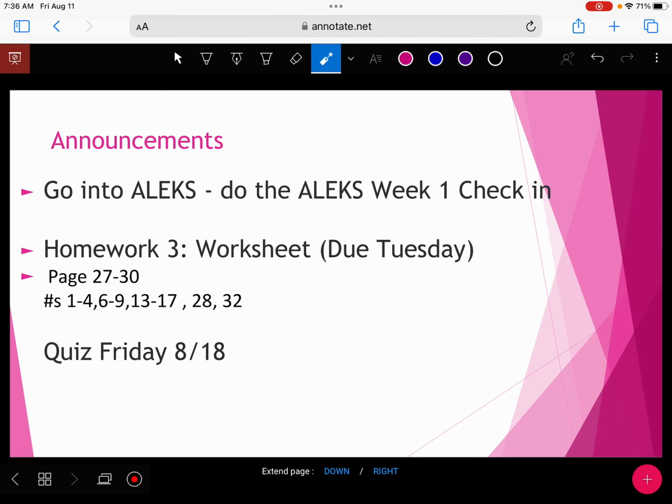All right. So what we're going to do is have the rest of this time to work on ALEKS. I want you to go into ALEKS. There is a week 1 check, to see how we're doing, where we're going, how we're feeling. It will continue to give you questions until we get it right. If you get all the way through the week 1 check, you can work on your pathway. And then I'll hand out homework 3 next week because we've only talked about one tiny piece of it.